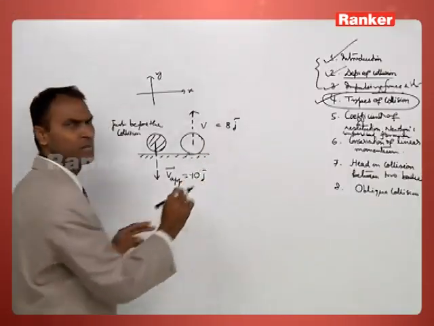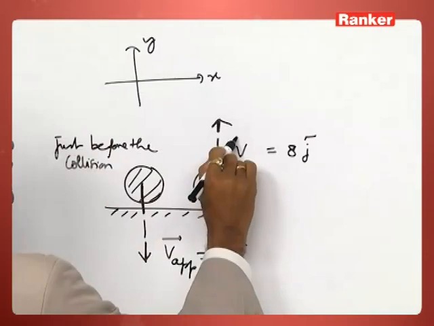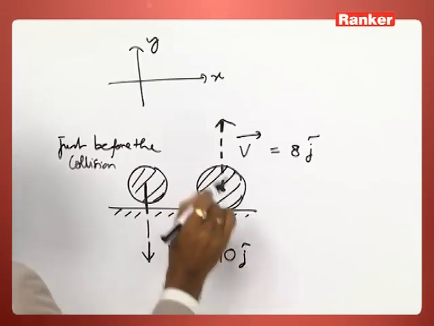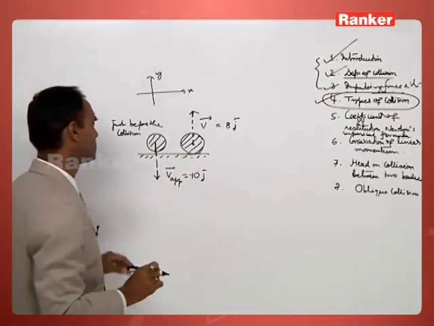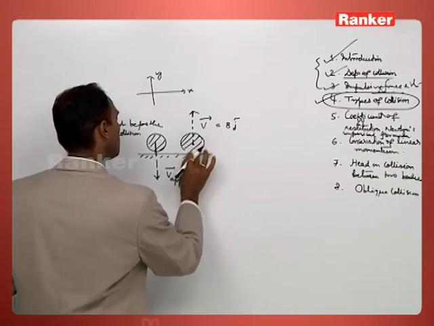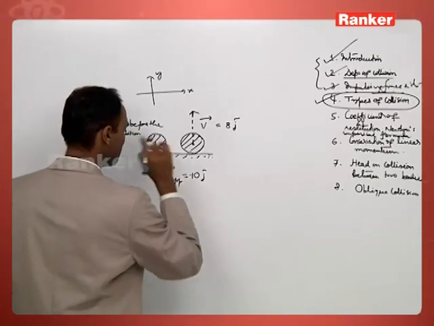It is up, means positive y direction. This velocity with which the ball separates or departs from the ground is called velocity of separation.